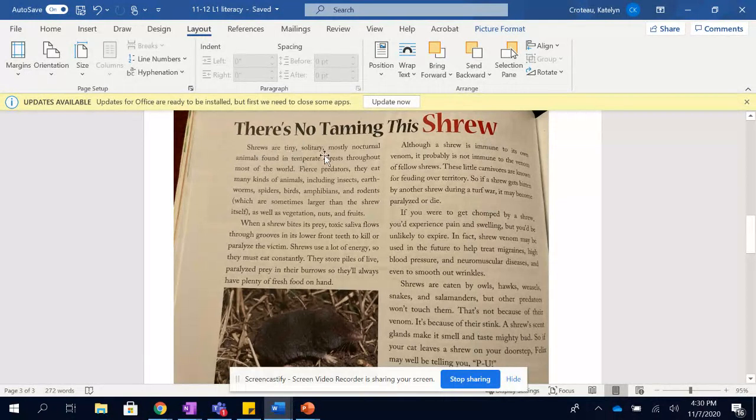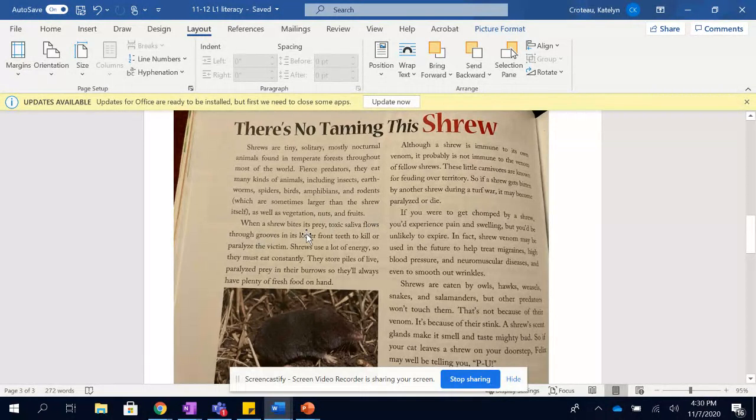Shrews are tiny, solitary, mostly nocturnal animals found in temperate rainforests throughout most of the world. Fierce predators, they eat many kinds of animals, including insects, earthworms, spiders, birds, amphibians, and rodents, which are sometimes larger than the shrew itself, as well as vegetation, nuts, and fruits.